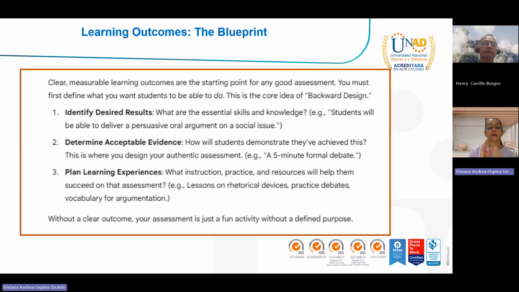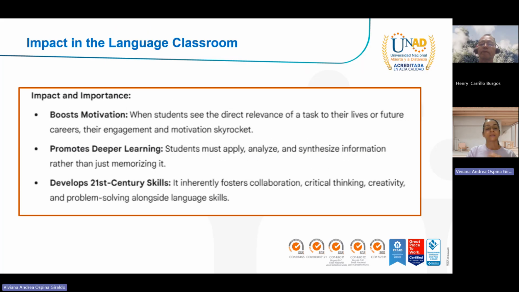If we don't have a clear outcome, the assessment will only turn into a fun activity, but it won't have a defined purpose. So every time we are involved in the teaching experience, we need to have our students have a pedagogic purpose on their activities.